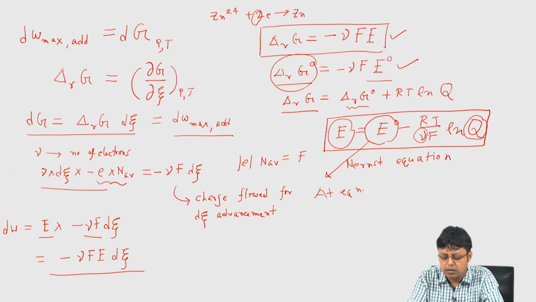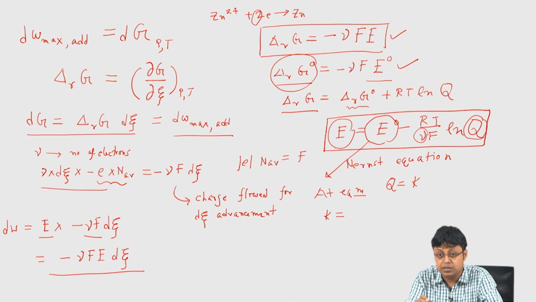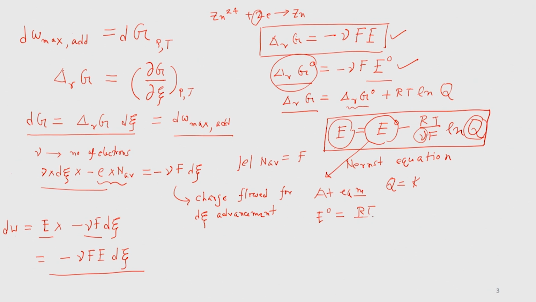You can easily argue that Q is nothing but K. So, from all these equations you can figure out that at equilibrium the left hand side should be 0, and then E0 is nothing but RT by nu F ln K. So, this equation suggests that you can actually calculate K from E0.